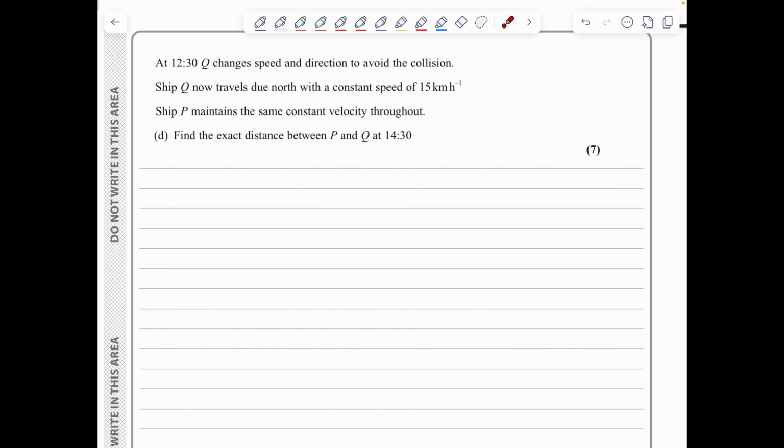So for ship P, we've got that the position vector is the initial position vector at 12:30, which we were told to be (20, 34), plus the velocity, which is maintained at (10, -4) times t. So this is 20 plus 10t for i, and 34 minus 4t is the j component.